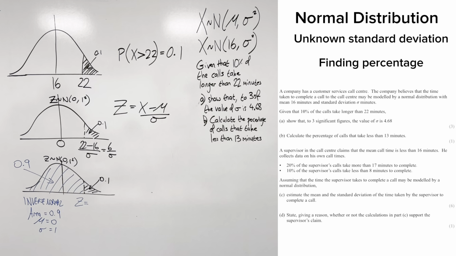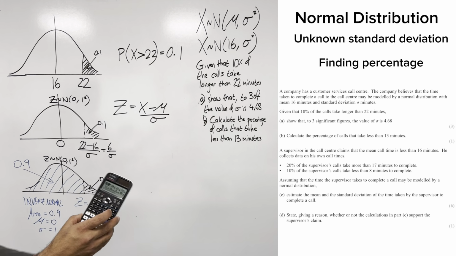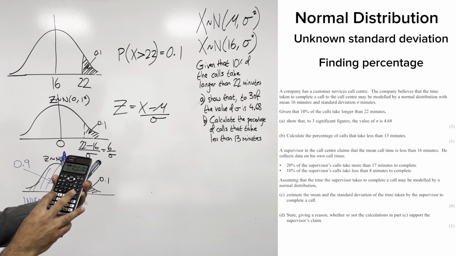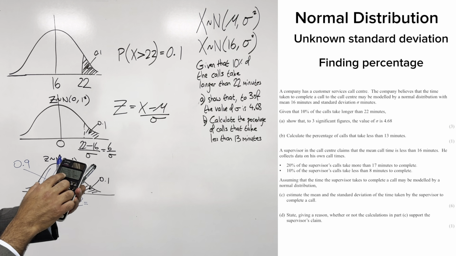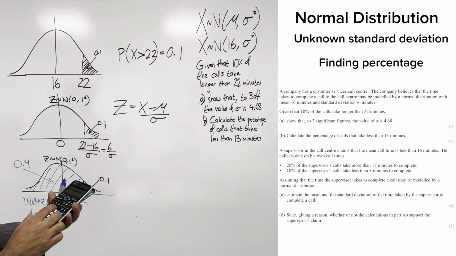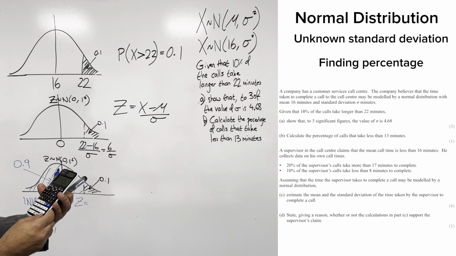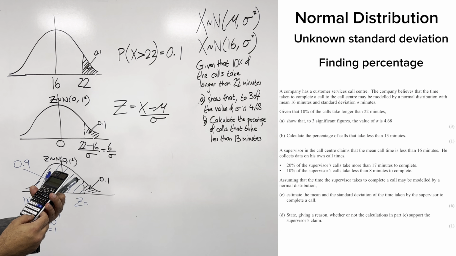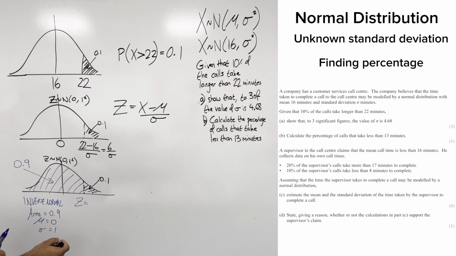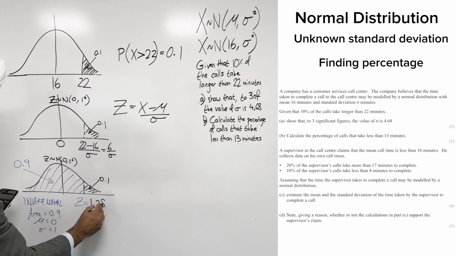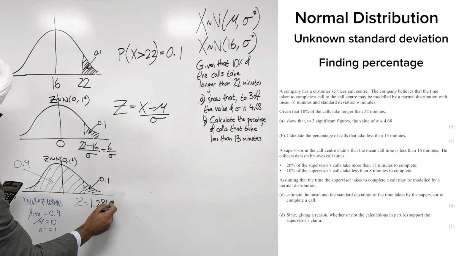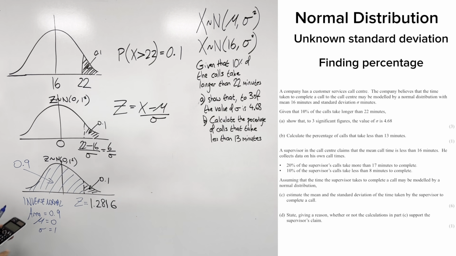So just to remind everybody, select menu and then select 7, inverse normal is the third option, type in the area of 0.9, sigma is 1 and mu is 0, and that gives us an answer of 1.281624 to 6 dp.